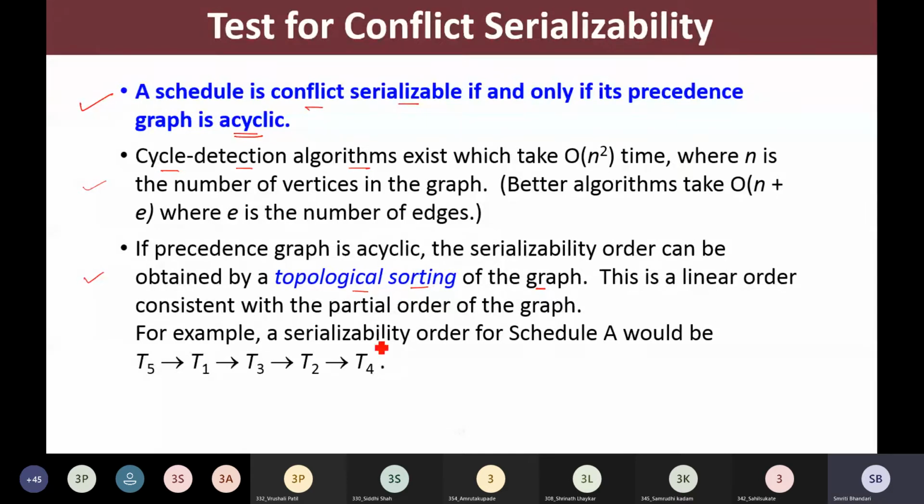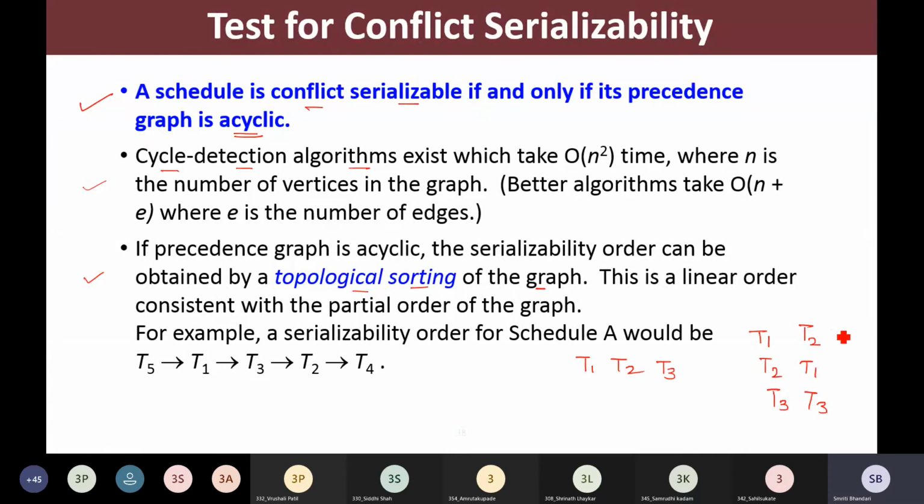This algorithm will be helpful to determine the order of serializability. What do we mean by order of serializability? If I am having several transactions T1, T2 and T3, let us assume, then I may have the serial schedule like T1, then T2, then T3, or the serial schedule like T2 first, then T1, then T3.